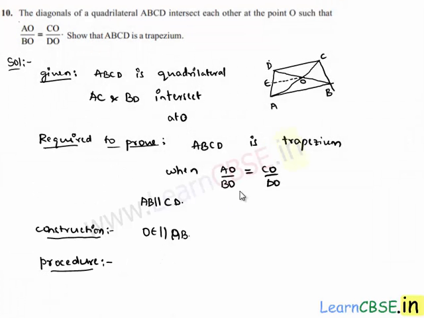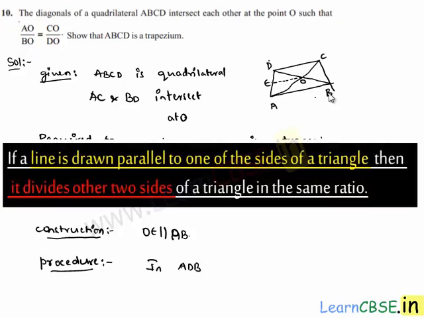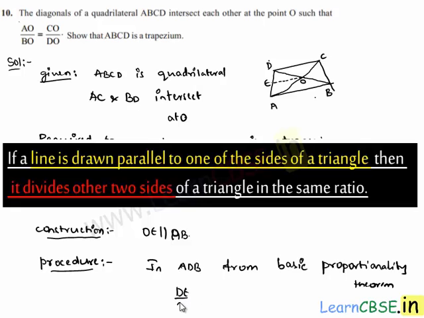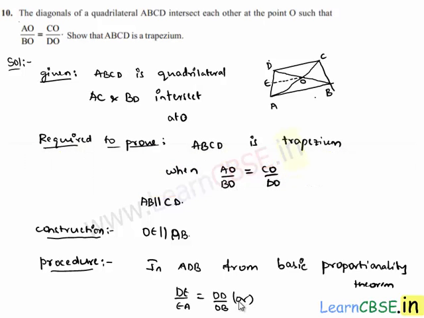We know that if EO is parallel to AB in triangle ADB, from the basic proportionality theorem, we can say that DE by EA is equal to OD by OB, or OD by OB can be written as DO by BO. Let this be equation 1.